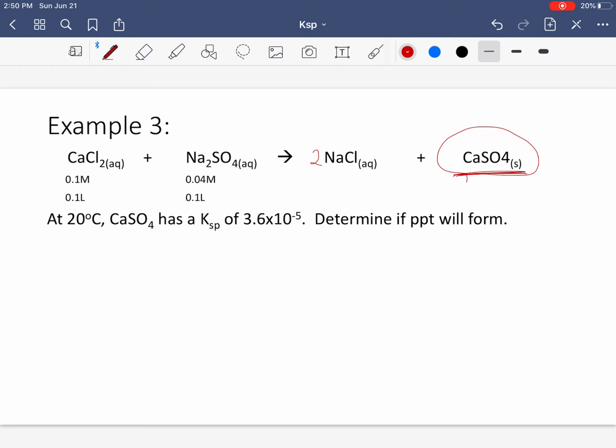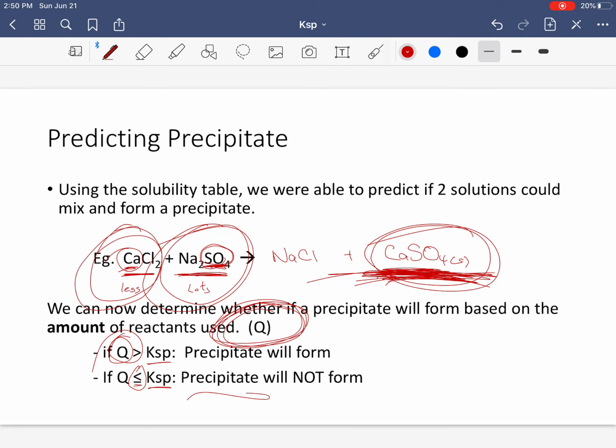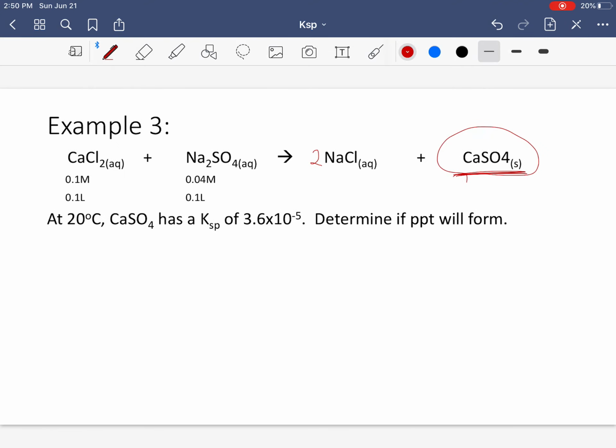Because if Q is less than Ksp, as we mentioned here, no precipitate. But if Q is greater than Ksp, that means you had enough of this and enough of that to make this happen. The Ksp at 20 degrees Celsius, which I'm going to give you, is 3.6 times 10 to the power negative 5. So determine if PPT will form.